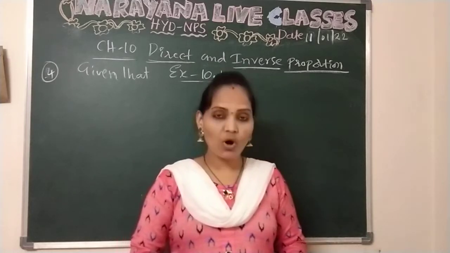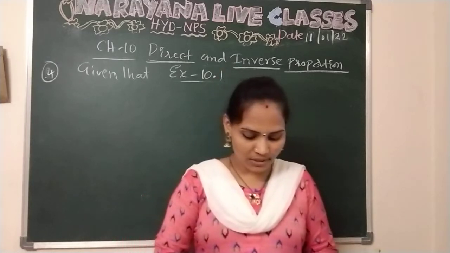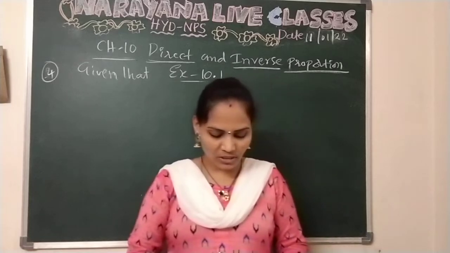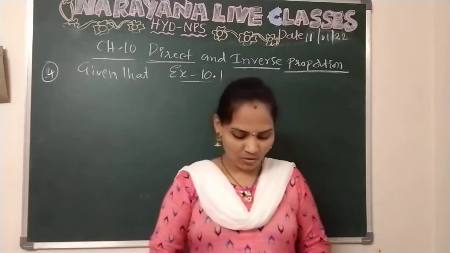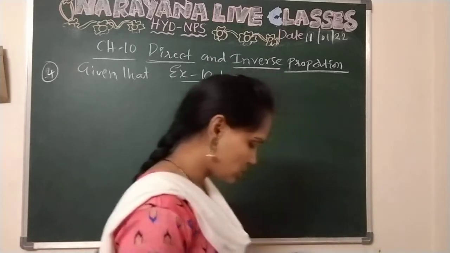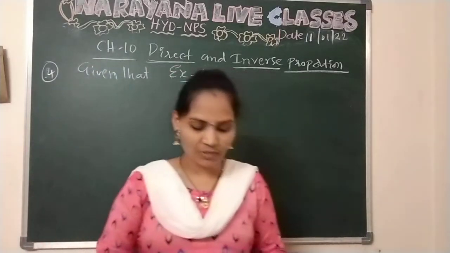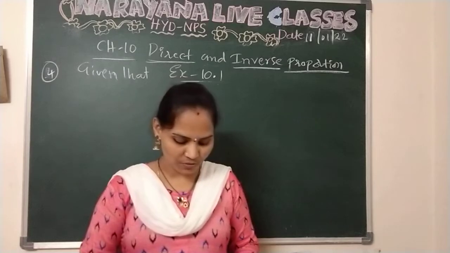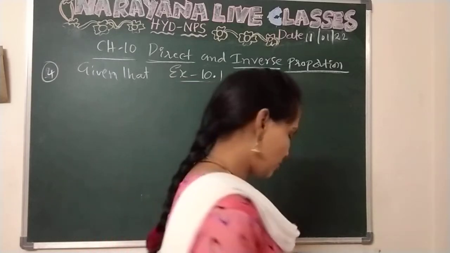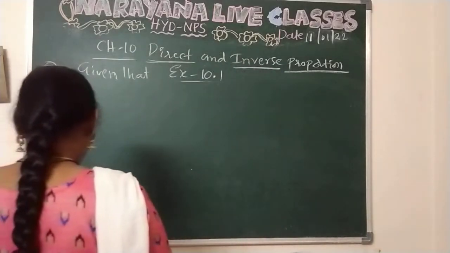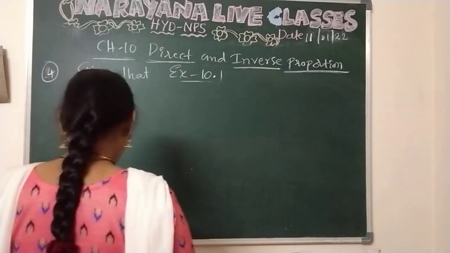If the height of the mast in its model is 9 centimeters, what is the length of the model ship? Here, the length of the ship and the height of its mast are in direct proportion. So we should take the direct proportion formula.